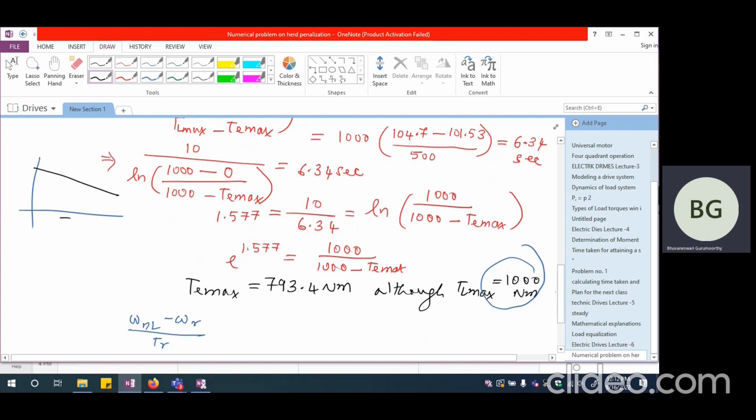So this is TE and this is omega, this is the no load speed, this is the rated speed, and this is going to be the rated torque. So when a torque of 793.4 Newton meter is developed, what is the speed? If we calculate, that is going to be the speed at the end of the high load interval.